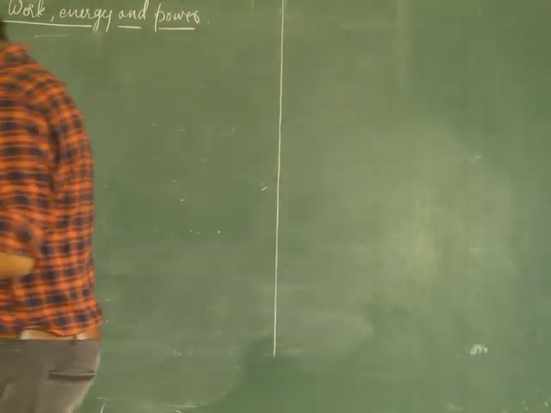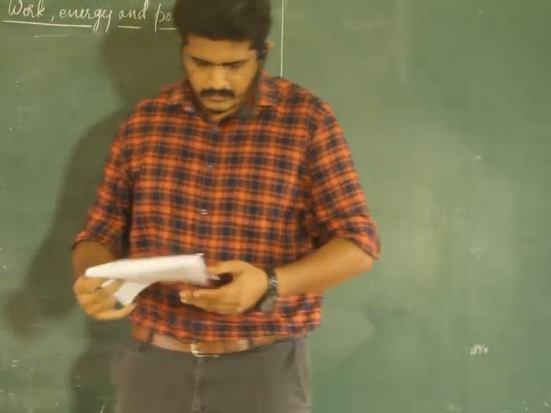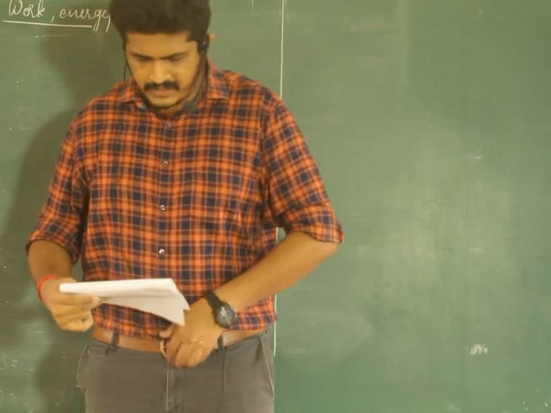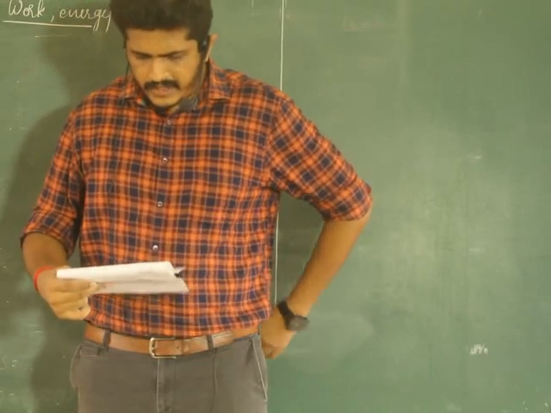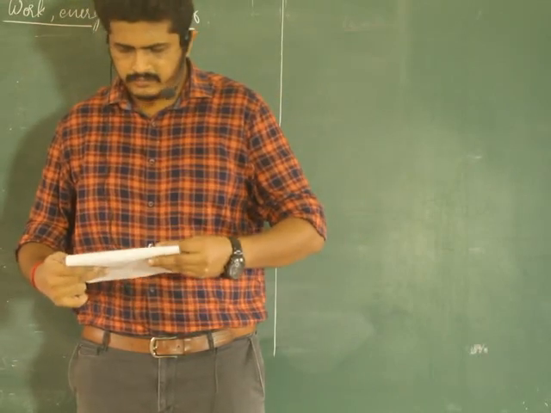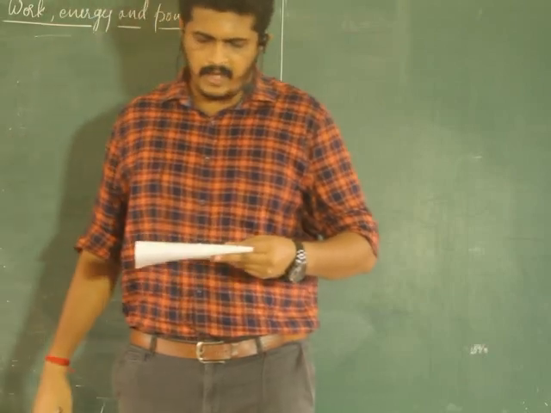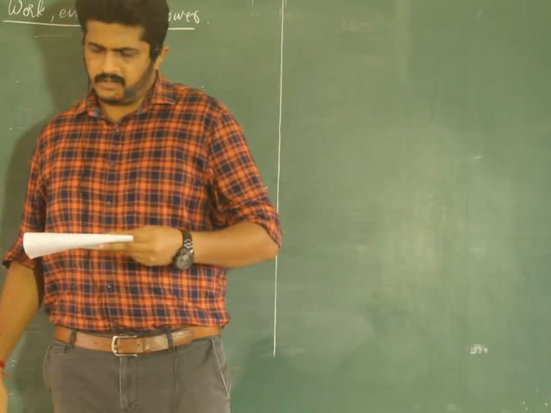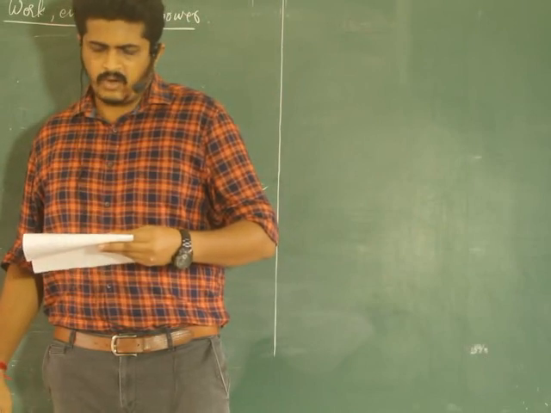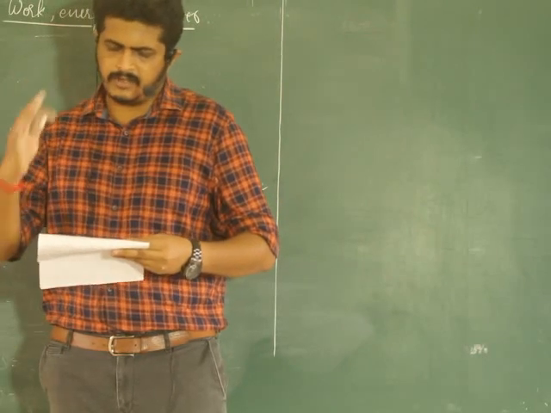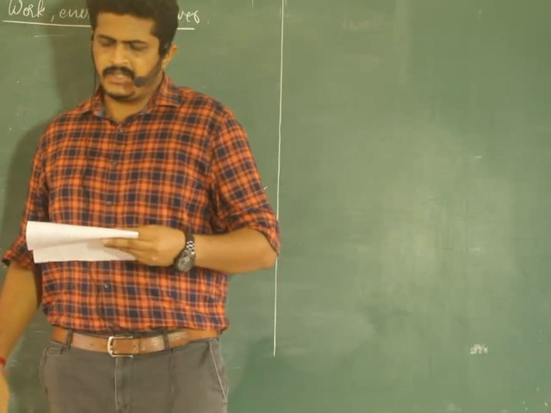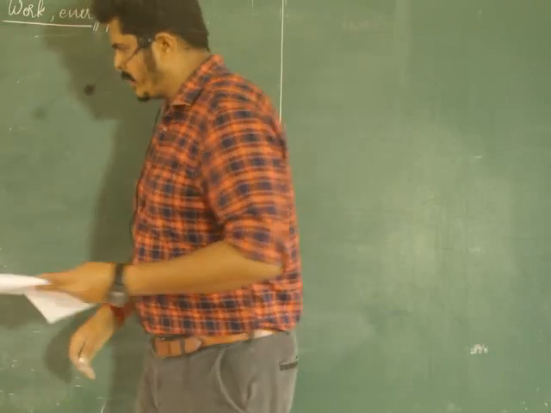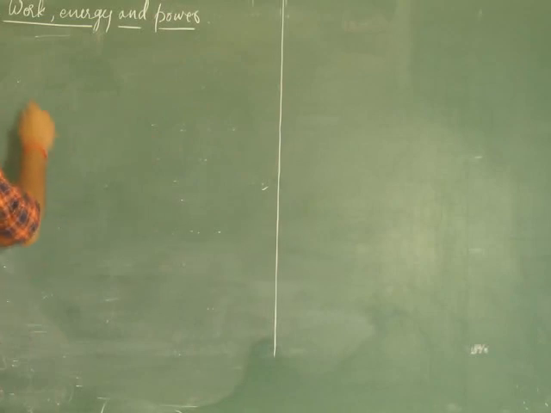So question number 6 says, 4 identical blocks each of mass m are linked by thread as shown. If the system moves with constant acceleration under the influence of force F, the tension T2 is. So let me draw the diagram first. So diagram is like this.